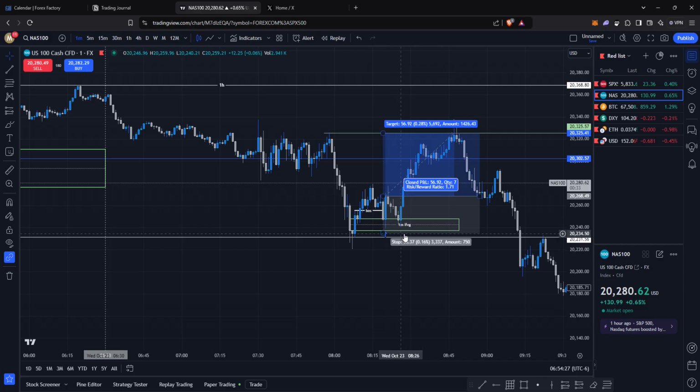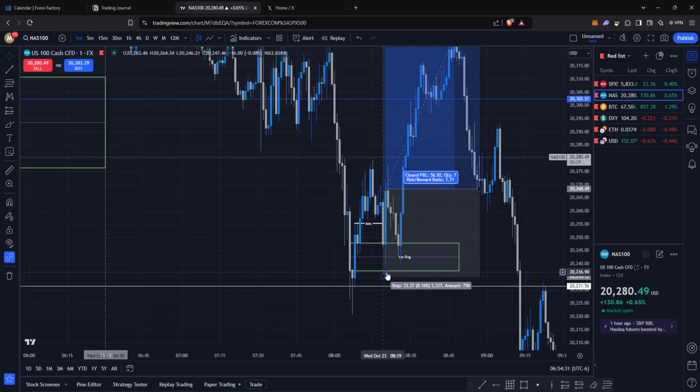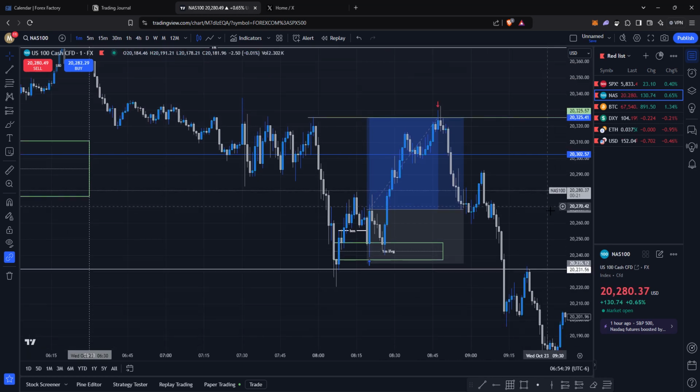Now we're just looking for a retrace and a respect of this right here, right? So now we get this retrace, get the respect, and I enter off of this. Yeah, that's pretty much all it was to it. I entered off the respect of this inverse fair value gap, put the stop loss below the inverse, and the first take profit was this draw on liquidity right here.